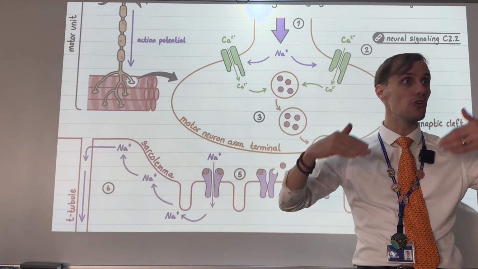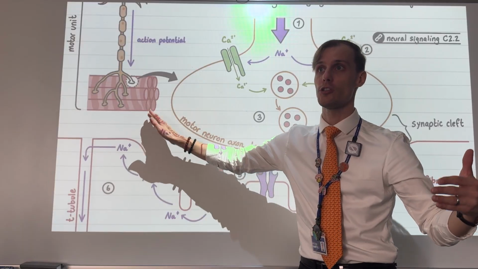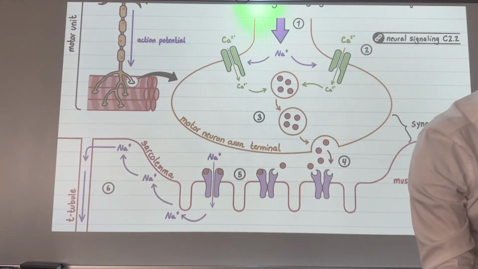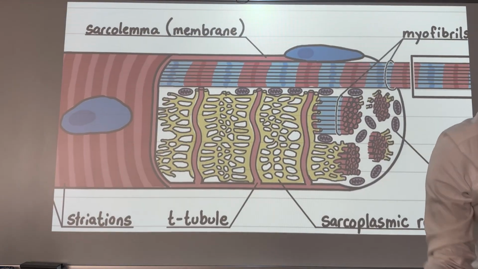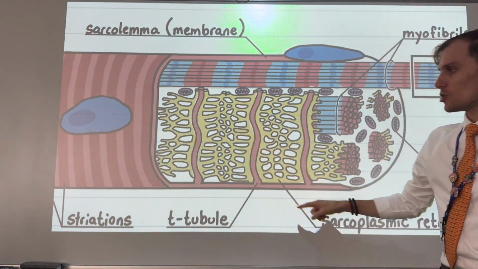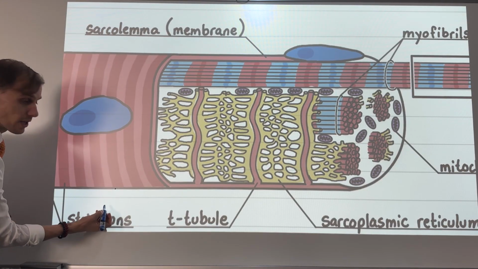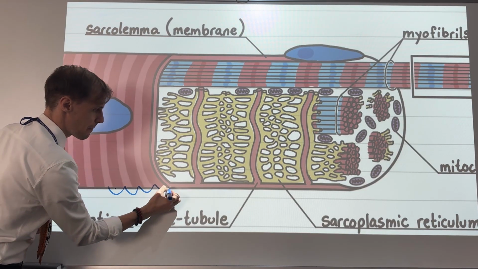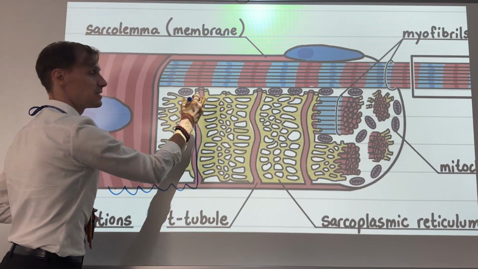We now get a new action potential that's been generated. This is now going to pass along the sarcolemma, and it's going to pass down a special channel. That's what this is up here, these T tubules. So what happened is that we now got sodium going bop, bop, bop, bop, bop, and then once it hits a T tubule, it rushes down the T tubule.